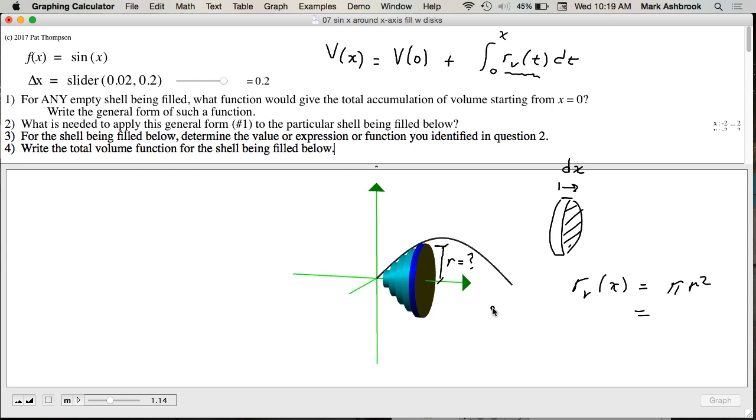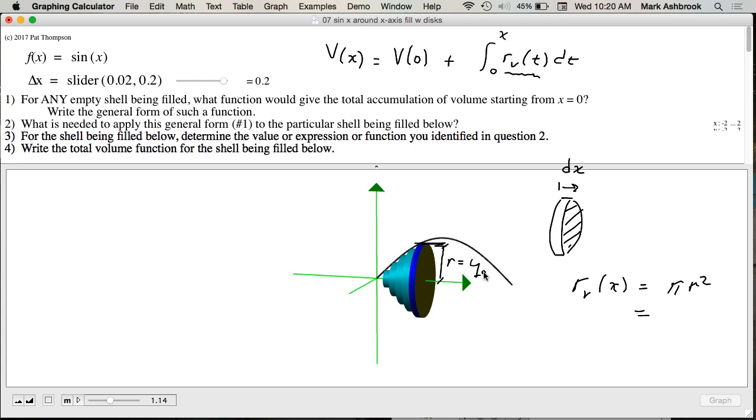Is it the x coordinate? Is it the y coordinate? You should be thinking it's the y coordinate, right? It's the distance from the x-axis up to the curve. So the radius in this case is simply the y coordinate. Do you follow that? The radius of that shell that's growing is the y coordinate.